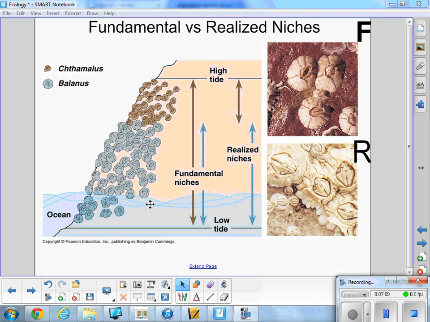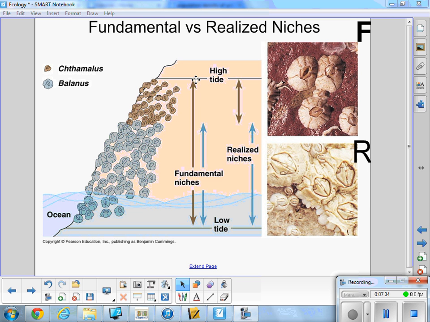However, because of competition, in the fundamental niche, the blue barnacle can outcompete the brown barnacle. However, the blue barnacle can't reside up here where the brown one can, and so its fundamental niche is the same as its realized niche because it can outcompete the brown.